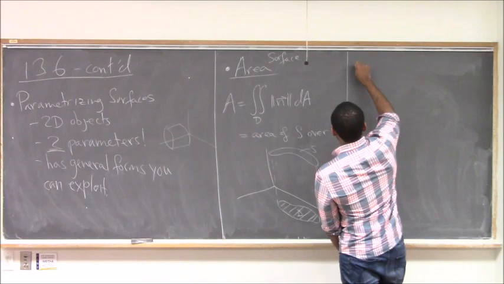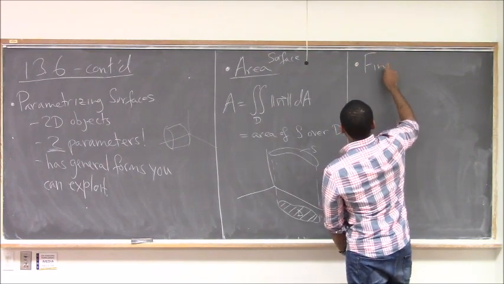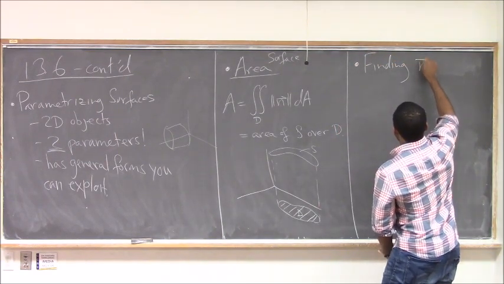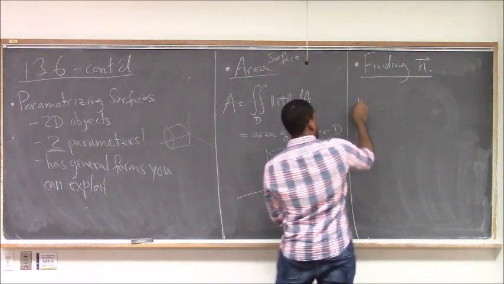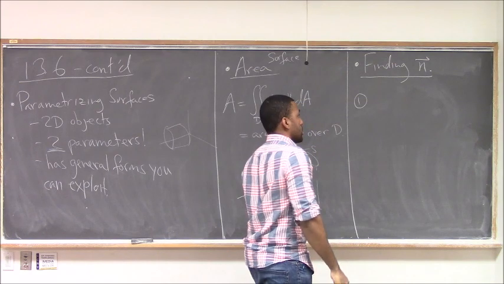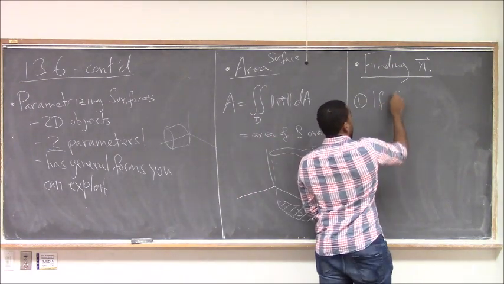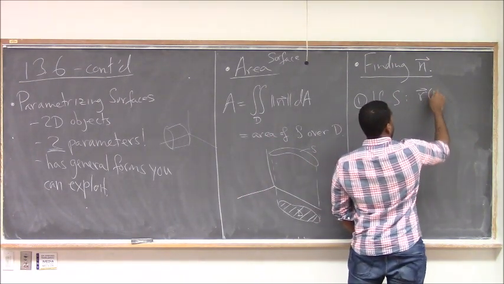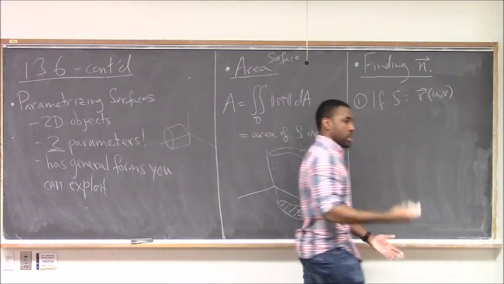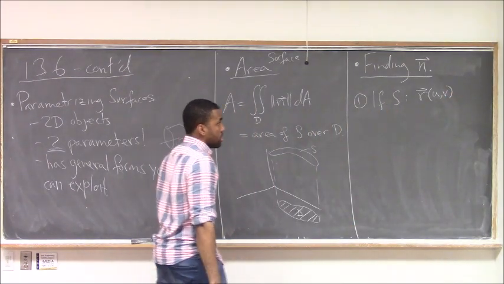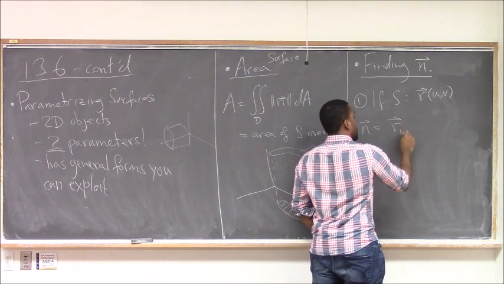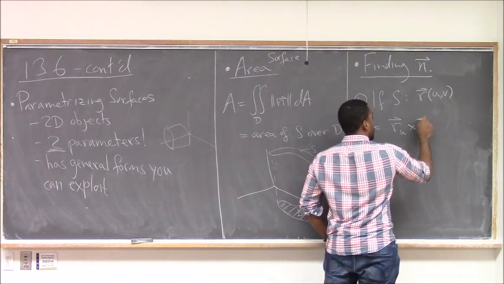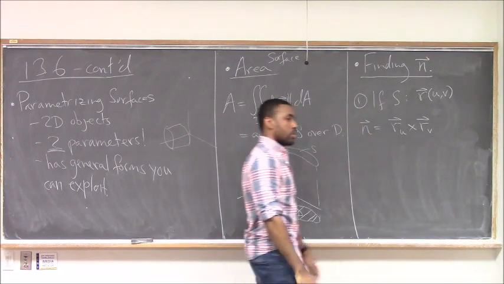We also covered the concept of finding n, our normal vector. One was the main formula: if S is parametrized by two variables, let's say u and v, then my n is given by the cross product of the partial derivatives with respect to u and v.